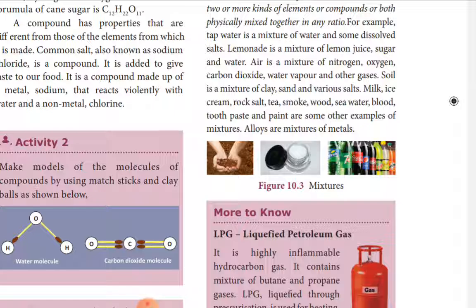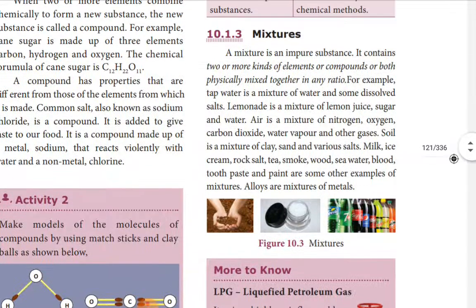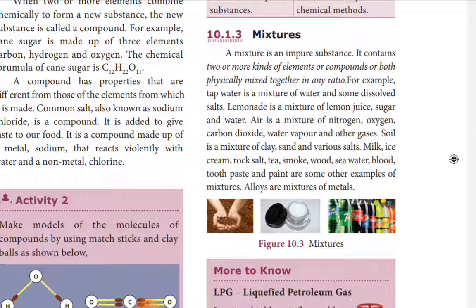Blood contains plasma, platelets, RBC, WBC. Toothpaste contains fluorine with some other components, and paint contains oil, dyes. So all these are a combination of different components in different ratios, not in a fixed ratio.